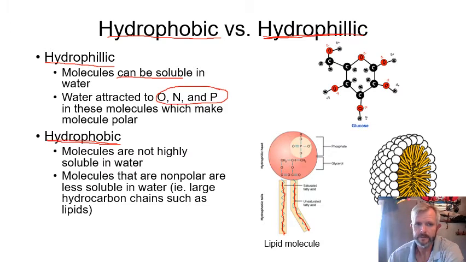Okay, so this terminology you will be hearing quite readily. There are hydrophilic hormones and hydrophobic hormones. Hydrophilic hormones can dissolve in the blood. Blood is made up of a lot of water, and therefore those hormones can dissolve in there.